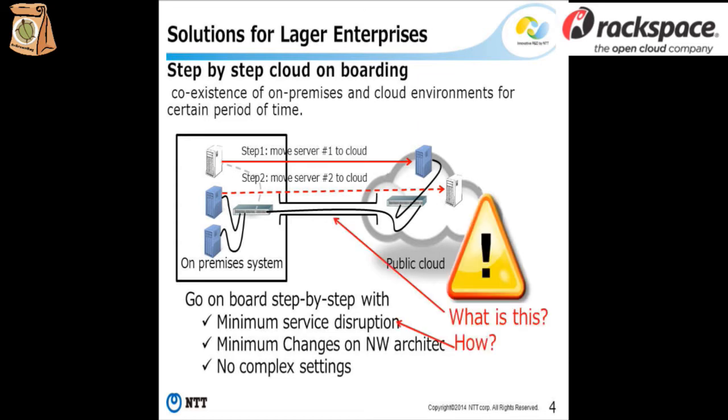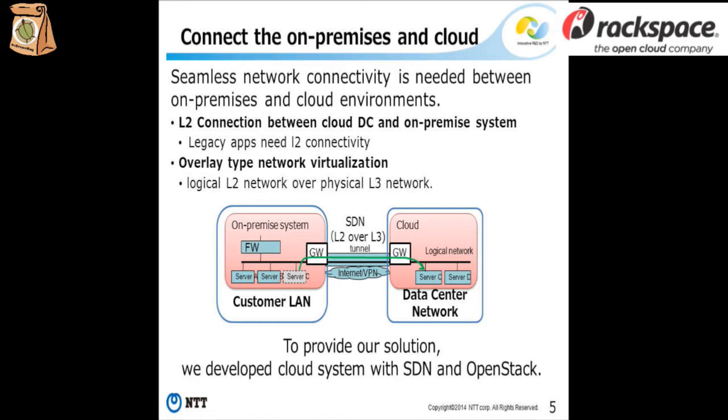But the point is how we provide these solutions and how we implement them for our users. When you want to coexist two systems on different sides of a network, you need seamless access between those two networks.